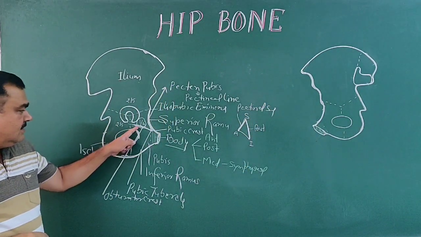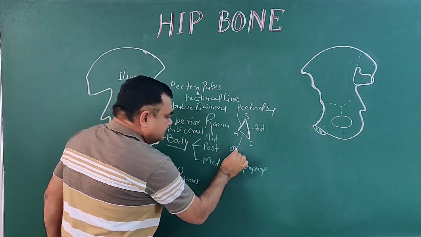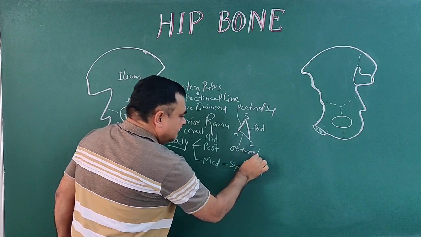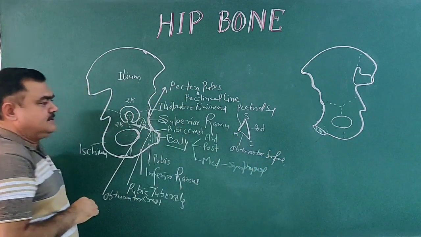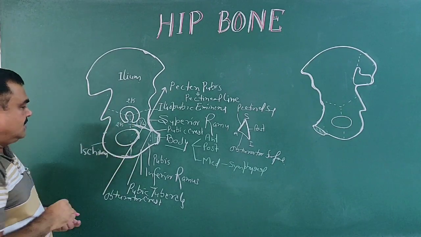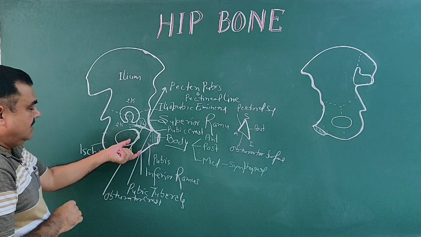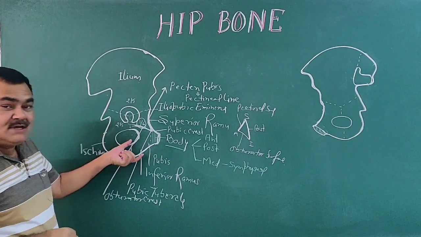And here, this surface is the obturator surface. So these are three surfaces. Now, this is the inferior ramus.